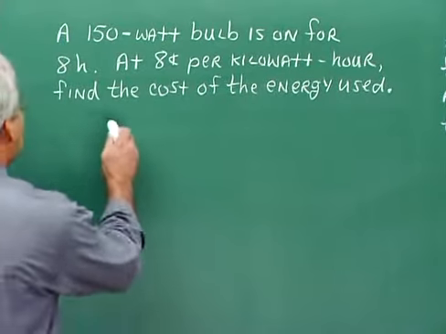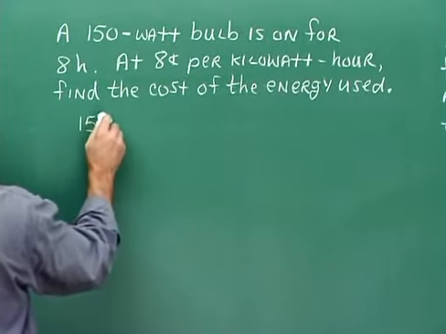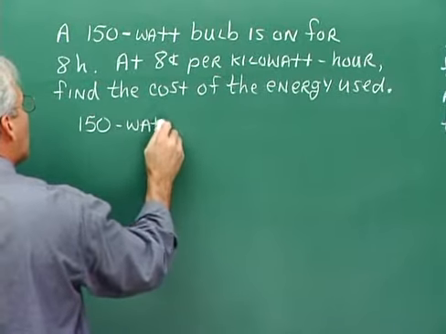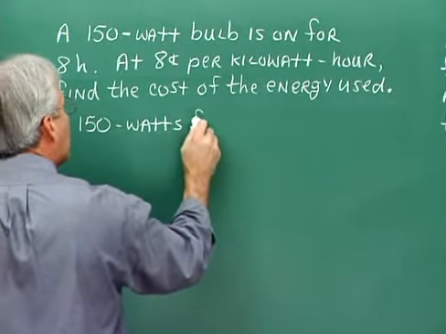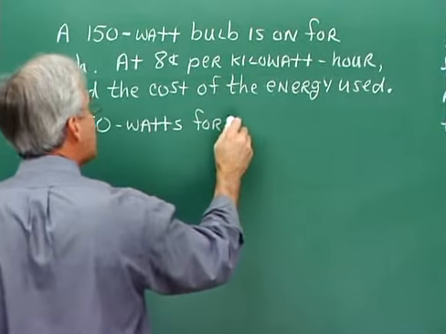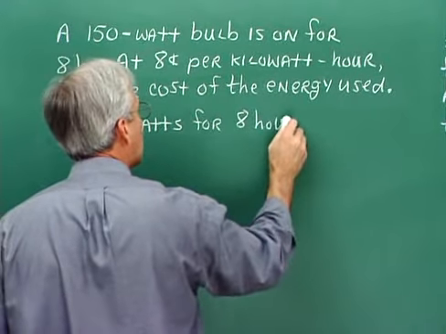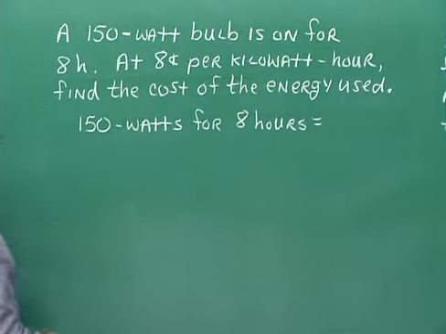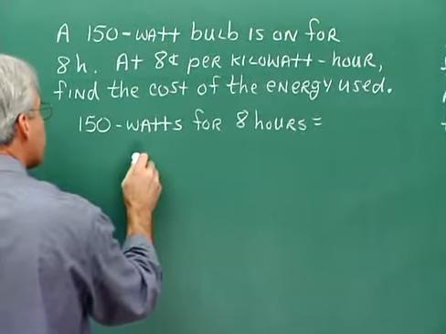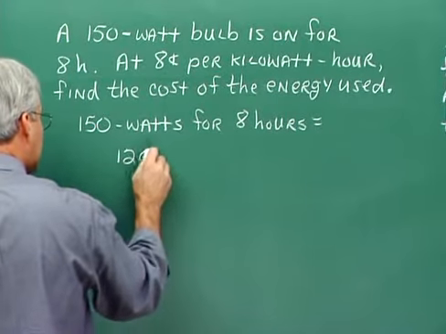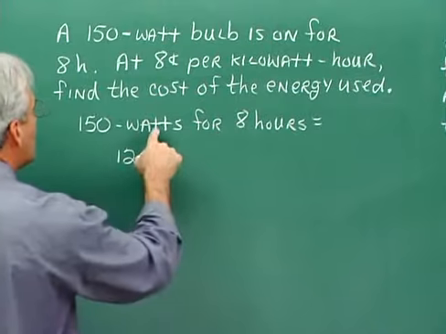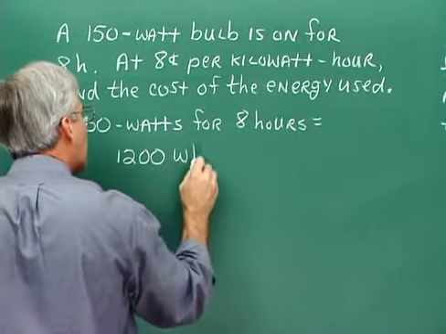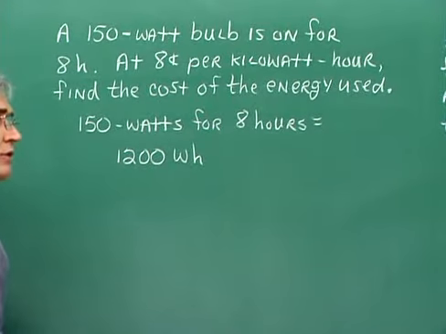We have a 150-watt bulb, that's 150 watts for 8 hours. When we multiply those two, 8 times 150 is 1,200. Now, what's the unit? Well, it's watt hours. Oh, this is what we're after. So we have 1,200 watt hours used.